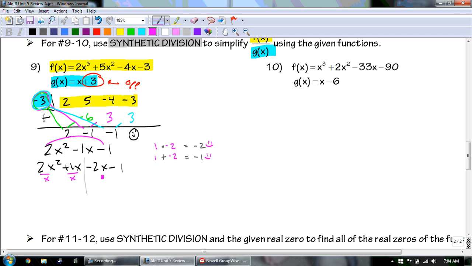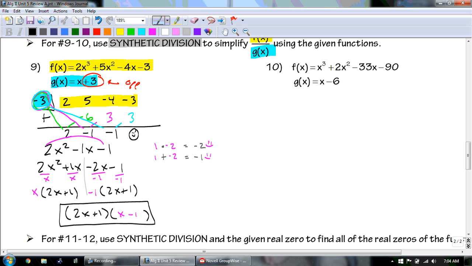Take out the x, take out the -1, so I have an x, I have a -1, and then we get 2x plus 1 and 2x plus 1. So when I'm done factoring this, what's left is 2x plus 1, x minus 1. Okay? I feel we're really, really good at that.